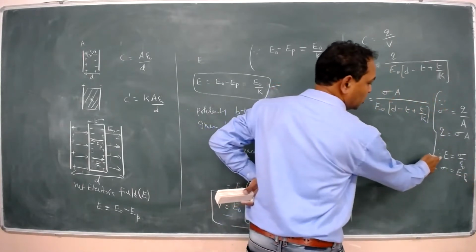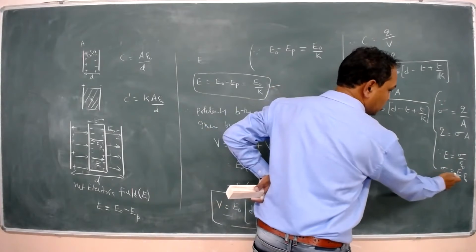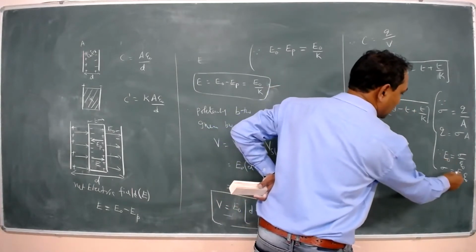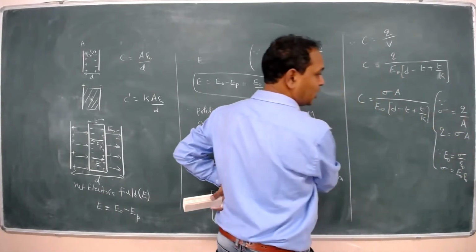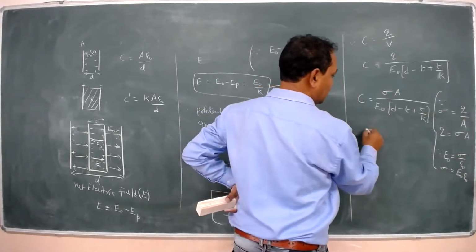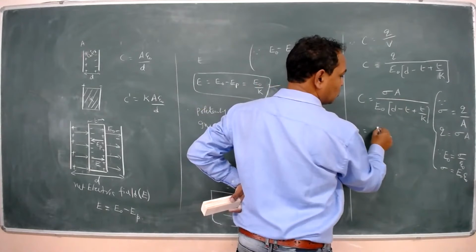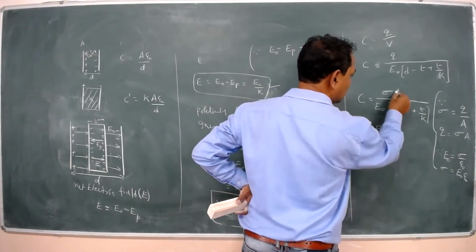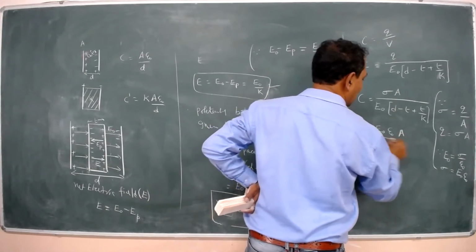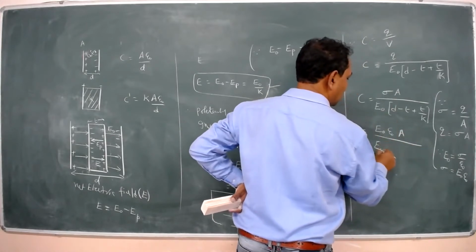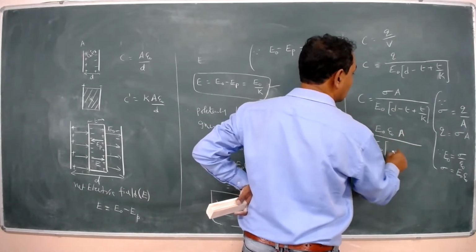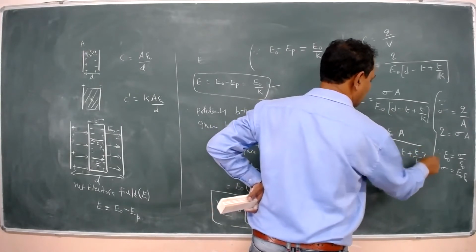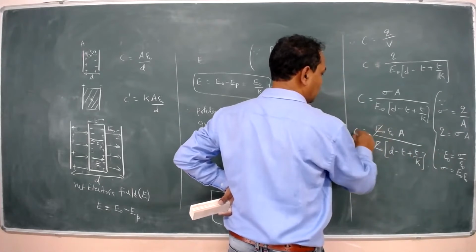See here, we know that E naught is equal to sigma by epsilon naught, sigma is equal to E naught into epsilon naught. If I substitute here, sigma means E naught epsilon naught into A divided by E naught into D minus T plus T by K. Therefore, E naught will get cancelled.